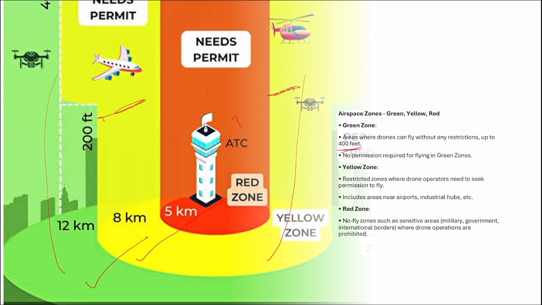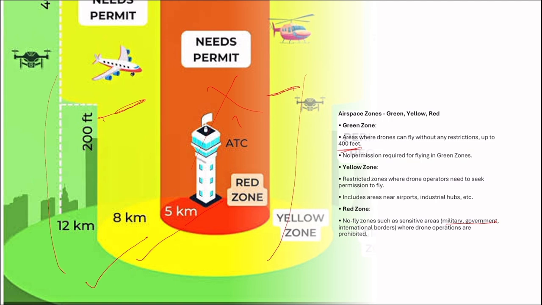In the red zone, there are no permissions, except for the military or government, if there's a proper necessity to fly a drone there. Then the central government will give permission.